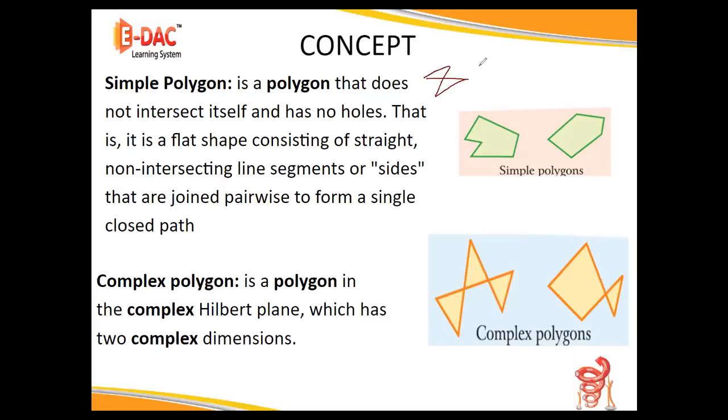See, it is a closed figure, that must be like this. This is the figure, it is a closed figure. This one is also closed, but it intersects itself. Right?